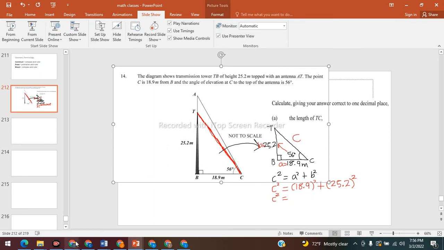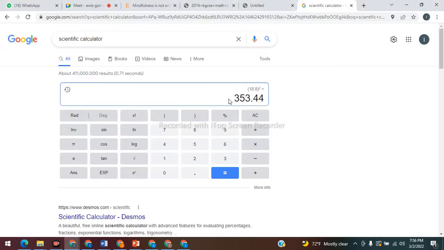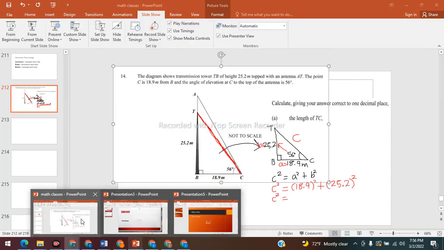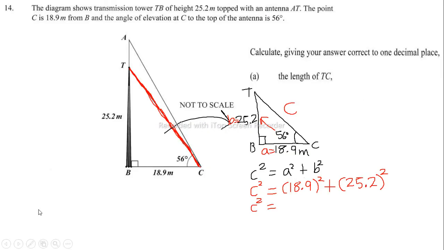What should I use? 18.9, right? 18.9 to the power of 2 is 357.21. So it's going to be 357.21.